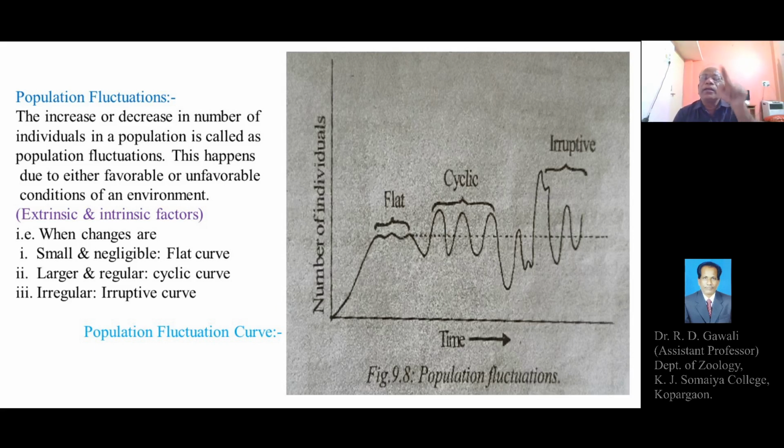Representing a cyclic curve means there may be positive or negative changes, and the number may increase or decrease in a cyclic pattern up to a certain level, representing a cyclic curve due to larger and regular changes.